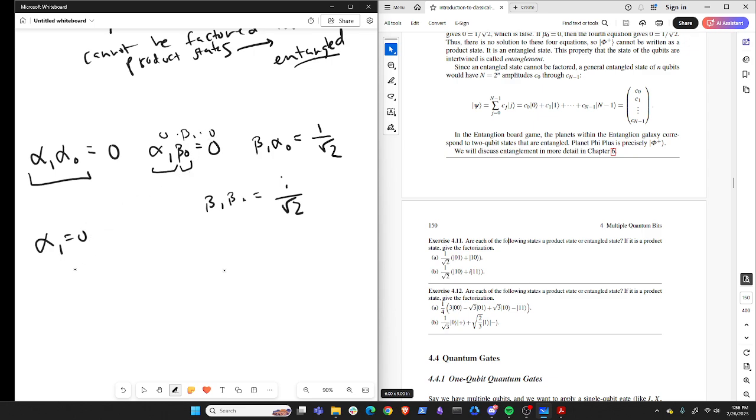So we're going to say that alpha sub 1 is 0. This doesn't really help us solve for alpha sub 0 or beta sub 0 yet, but we can rewrite alpha sub 0 in terms of alpha sub 1.